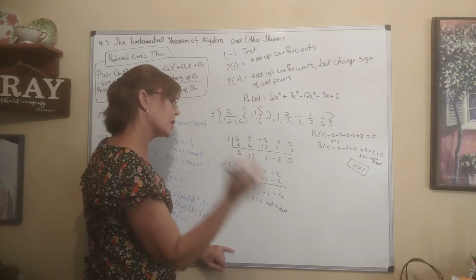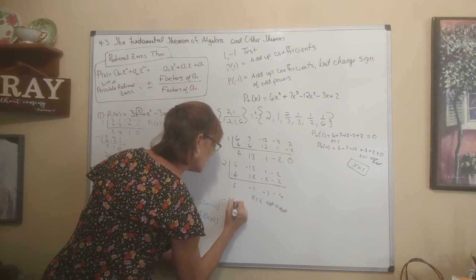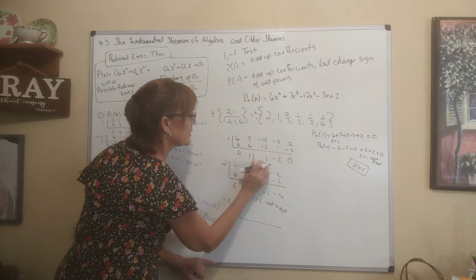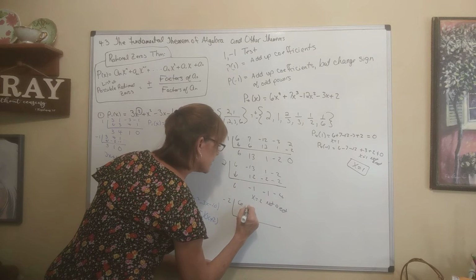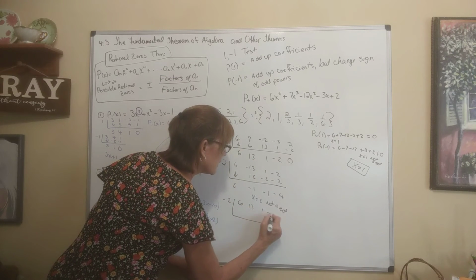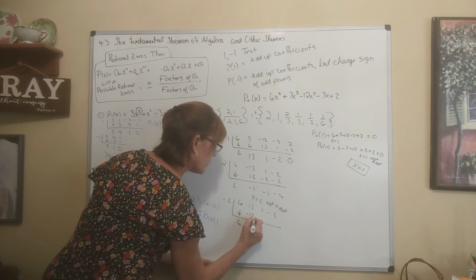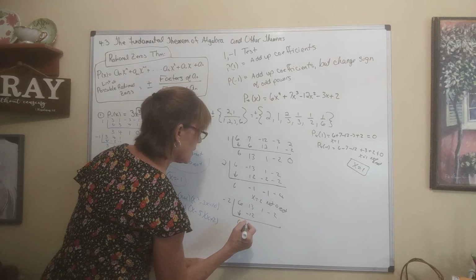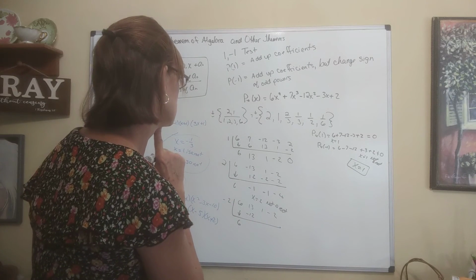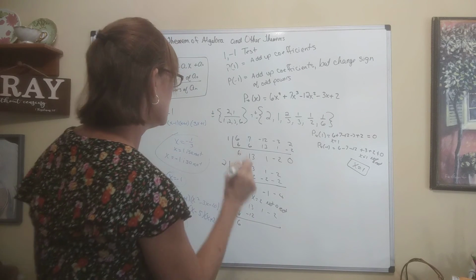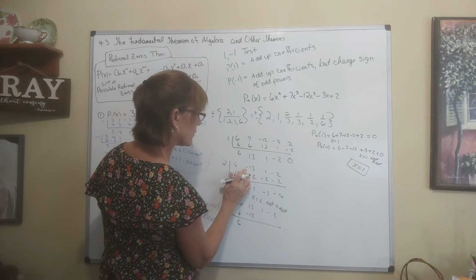All right, well, let's try negative 2. Plug in these same 6, 13, 1, negative 2. All right. 6, negative 12. Wait, something's not right here. Oh, this is not right. I put negative 13.